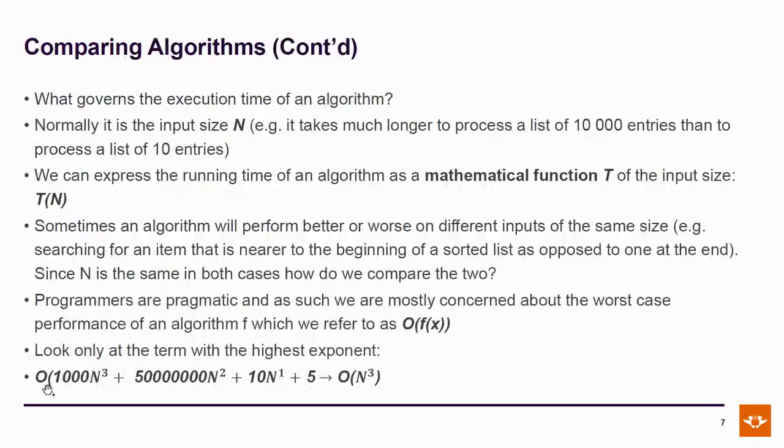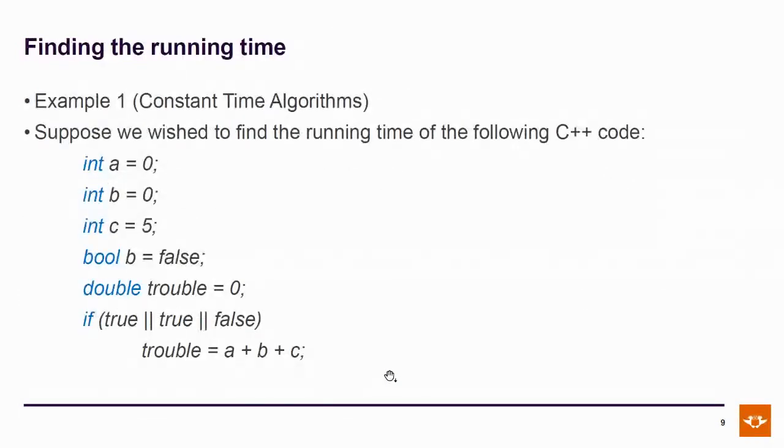But basically what you need to know is how to apply it: look for the term with the highest exponent of the variable and chuck the coefficient away, and that's your end result, which is all well and good. But how do we actually get that function in terms of n?